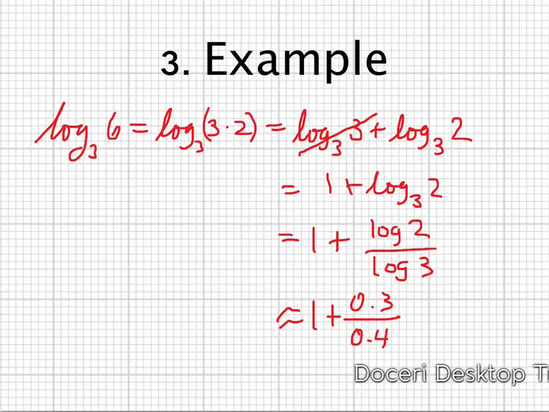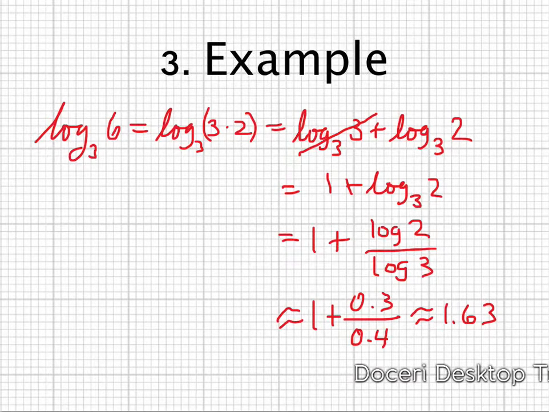If we did log of 2 divided by log of 3 in the calculator, and then added 1 to that, that gives me about 1.63. So 0.3 divided by 0.4 is about 3/4, or 75% I should say, 0.75, plus 1 is 1.75.